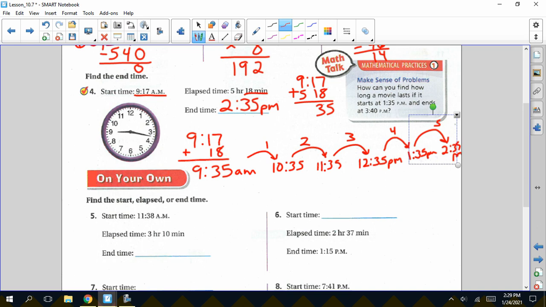So if we take away 12 from 14, 14 minus 12 hours, right? That's when it changes back. You'd have 2. So at 14, it would be 2:35. And the reason why we have to change it that way by doing the subtraction is, remember, we can't have a 14 o'clock. At 12, it changes. So if it crosses that 12 o'clock mark, you would then just take away 12 from that, and then you would know it would be 2:35. And again, since we crossed it, it was a.m., it is now p.m.